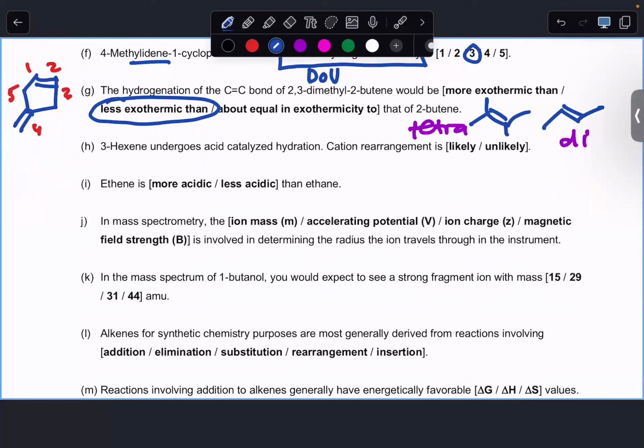Okay. So the next question, 3-hexene. 1, 2, 3, 4, 5, 6, carbon 3 alkene undergoes acid catalyzed hydration. What does that mean? What are our reagents if we see acid catalyzed hydration? H2SO4, a strong acid, and H2O or ROH.